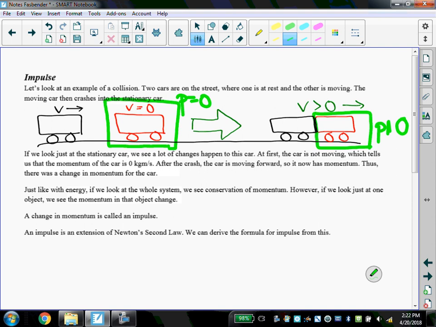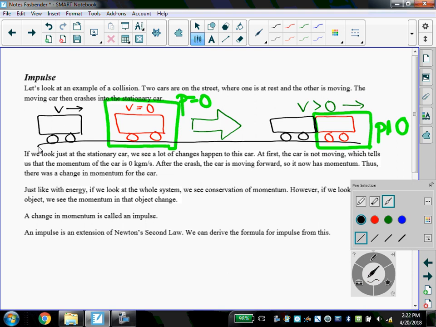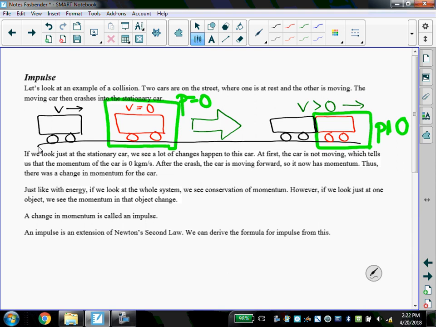That was weird. So we don't see conservation of momentum when we look at just the red car, and that's fine, right? We only see conservation whenever we look at everything in a system, and if we only look at part of the system, then we can see changes in things like momentum.